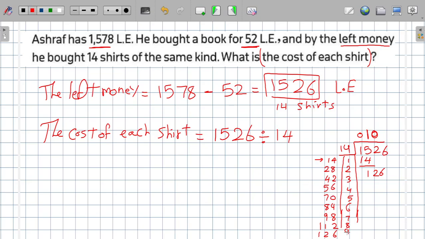I have 9 by 14 equals 126. So I will take all the numbers. So I have 126 divided by 14 equals 9. So the remainder is 0. So the cost of each shirt will be 109 pounds. Okay?